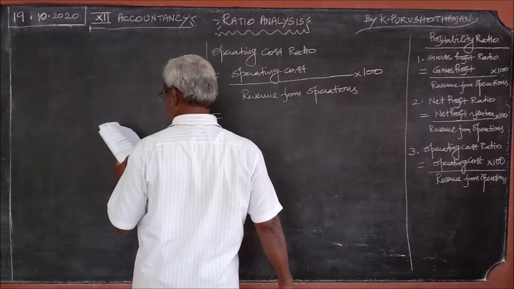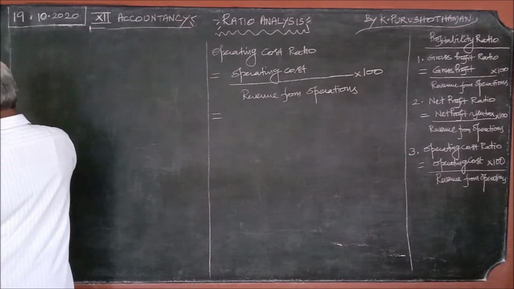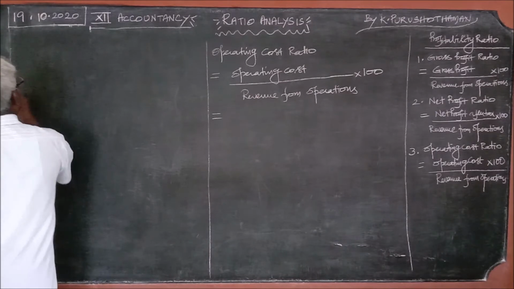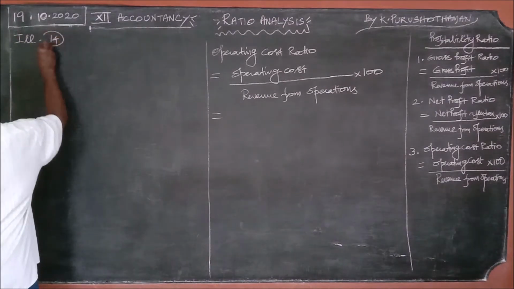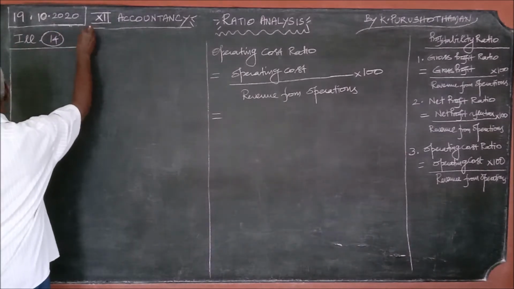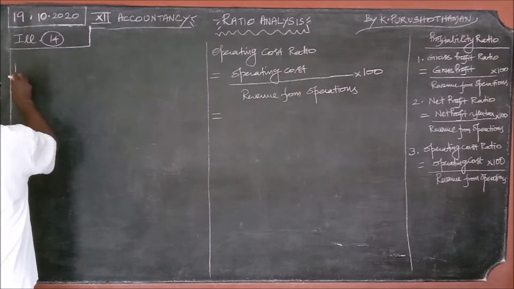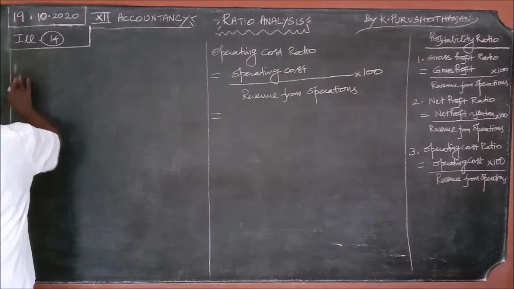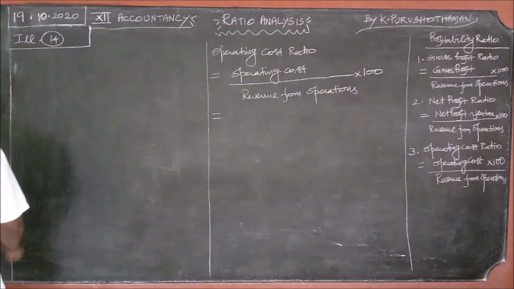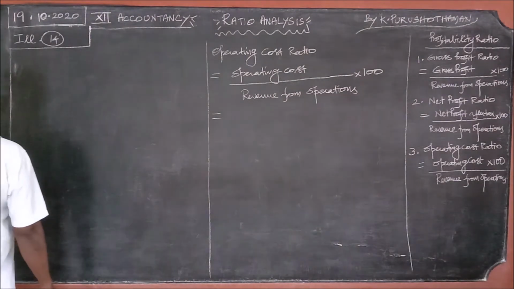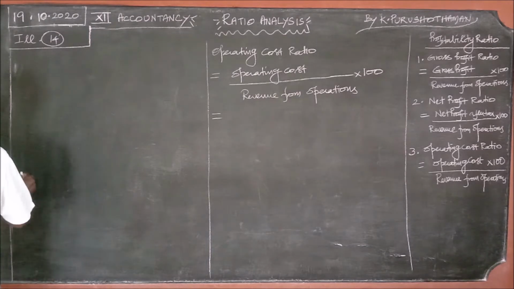Here in this problem, that is illustration number 14, illustration 14, we will find the operating cost. The operating cost is equal to cost of revenue from operations plus operating expenses.